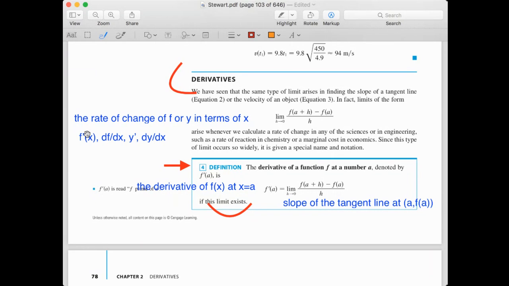Rate of change between two variables. All right, so this definition is important. f prime of a, the rate of change of f of x in terms of x at the point x equals a, is the slope of the tangent line at a, f of a. So make sure these two meanings make sense to you.